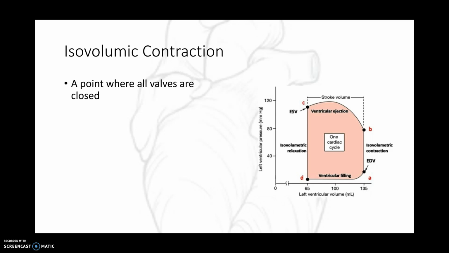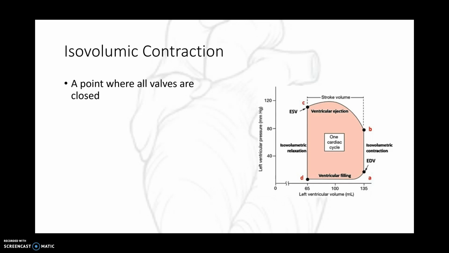This is what's called an isovolumic contraction. This is where calcium comes into the cell and we start to compress, right? Because remember, calcium enhances contractility, but all valves are closed. So right now we're generating a lot of pressure because we need a big pressure in order to open up those valves so we can eject out.